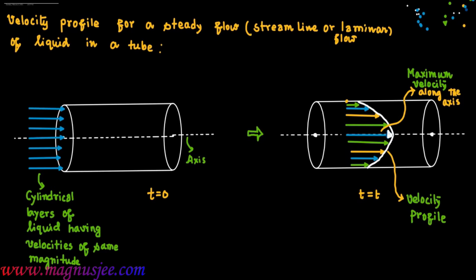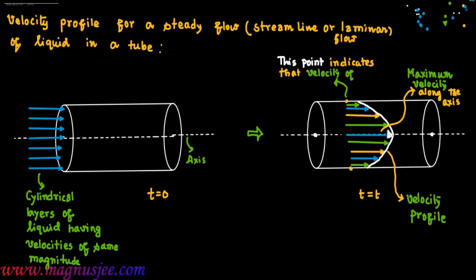And also we can denote the velocity at the wall of the tube. The velocity at the wall of the tube is denoted by a dot. The dot means the velocity of the layer will be 0 at the wall of the tube.